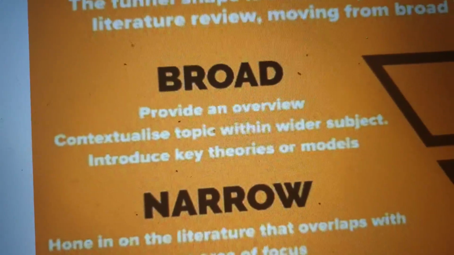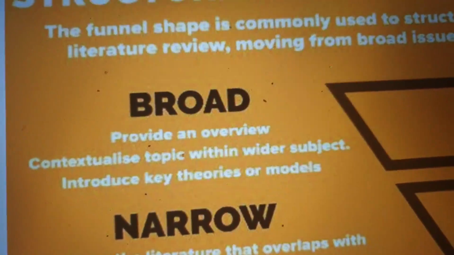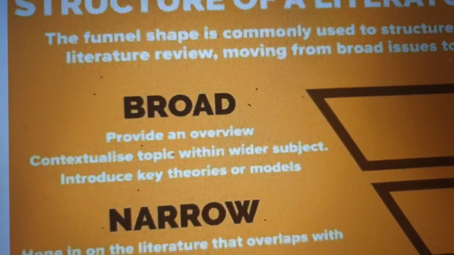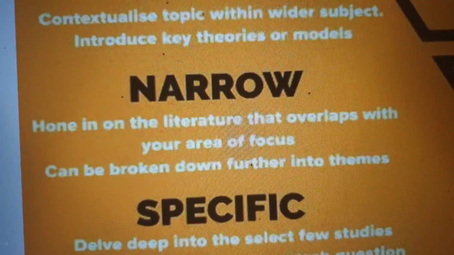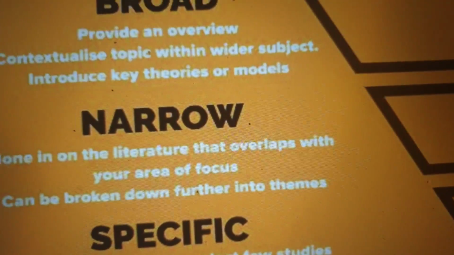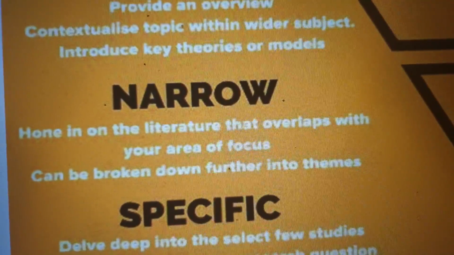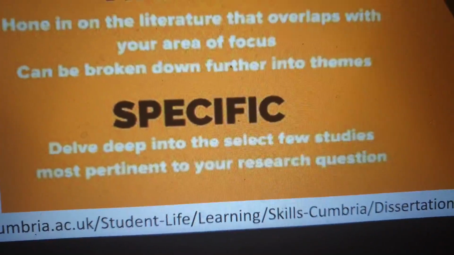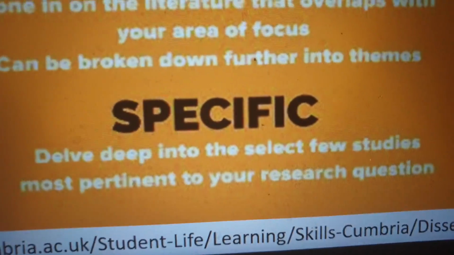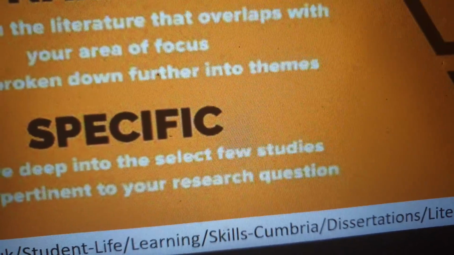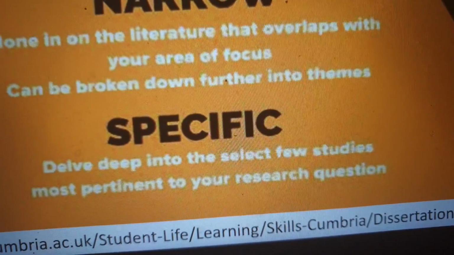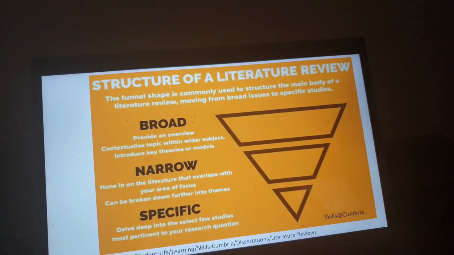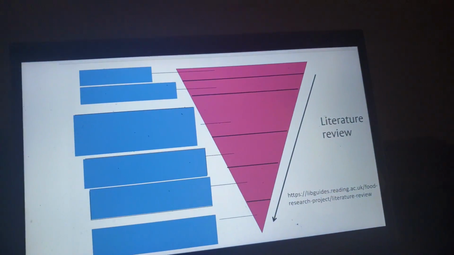Broad issues first: provide an overview, contextualize the topic within the wider subject, then introduce key theories or models. Then narrow down, hone in on the literature that overlaps with your area of focus, which can be broken down further into themes. Then the specifics. Delve deep into the select few studies most pertinent to your research question. So there it is. That is the funnel approach to research.